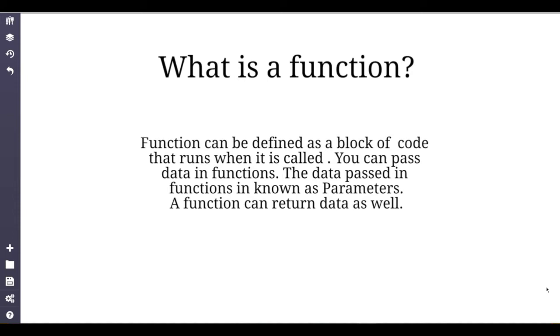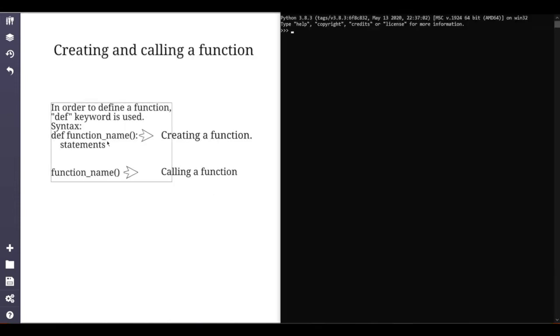So now let's begin and create a function. As you can see on the screen, we are using the def keyword to define a function. So the syntax is def, then you give a function name to create a function. And then under that you write statements. Do not forget using the colon after it, and when you start writing statements, you need to press tab.